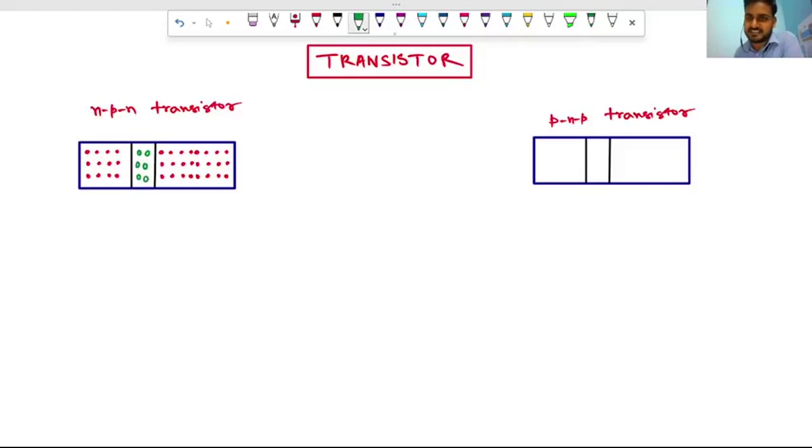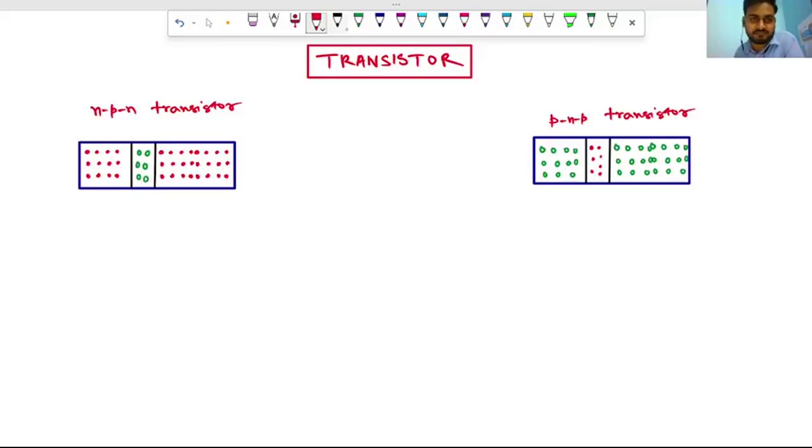And for the PNP transistor, the left side will be doped by holes, that is P side, the majority carrier is hole, and as the name suggests, PNP, again P is there on this side. Here also the majority carriers will be holes and electrons will be there in the middle one.